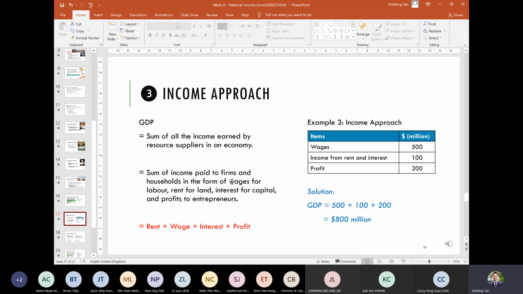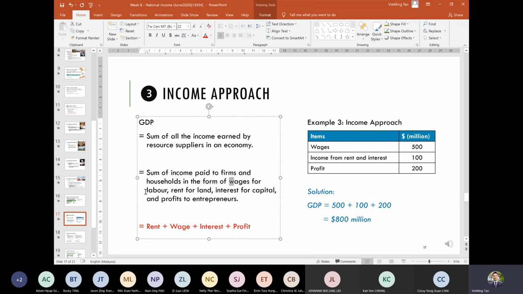For labor, the income will be wages. Natural land will receive rent as income or reward, or we call it return. Capital, meaning machinery and intermediary products, will receive interest, and the entrepreneurs will receive profit.